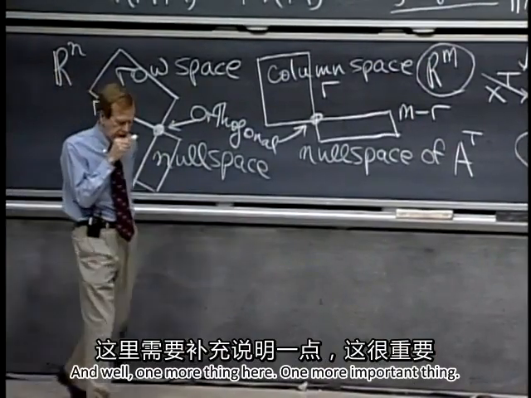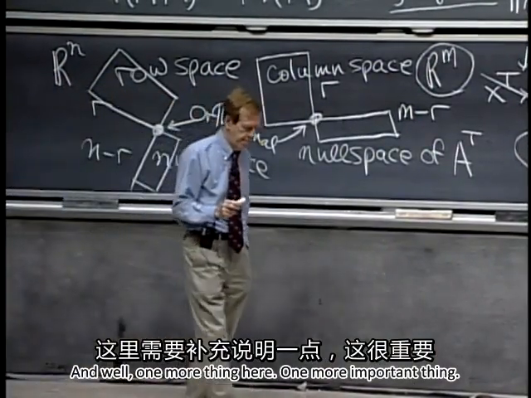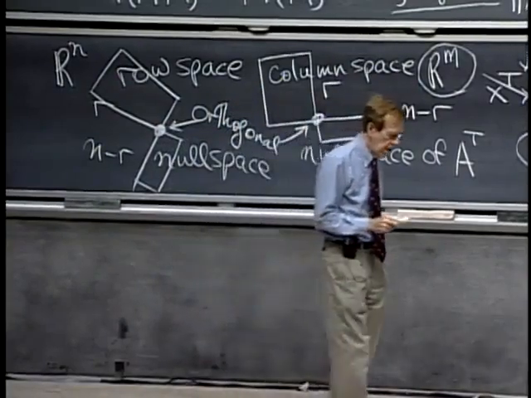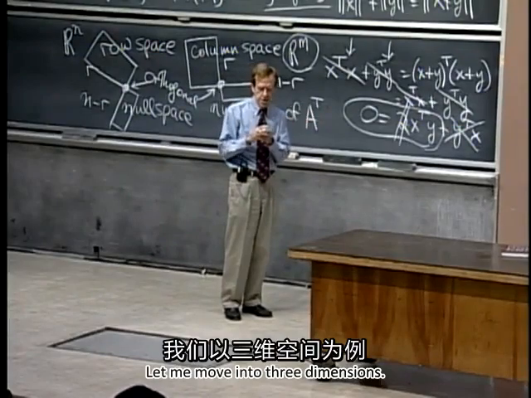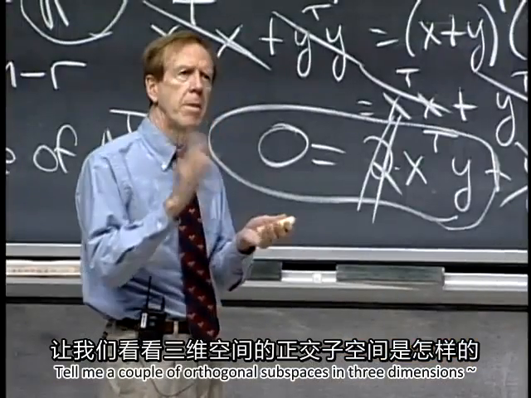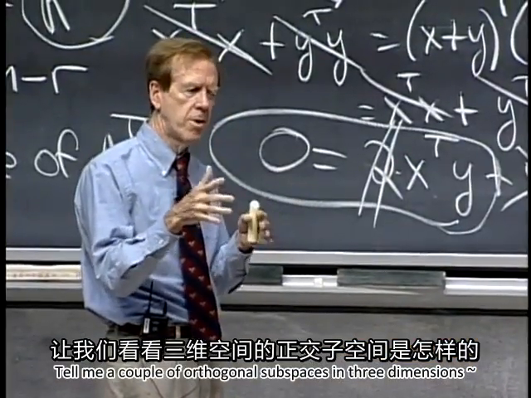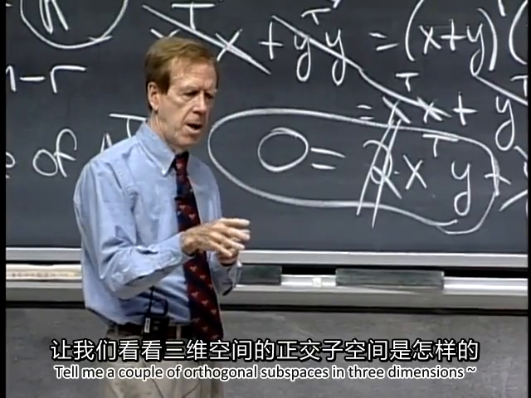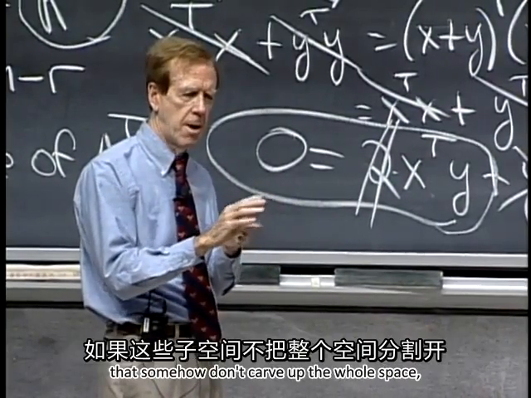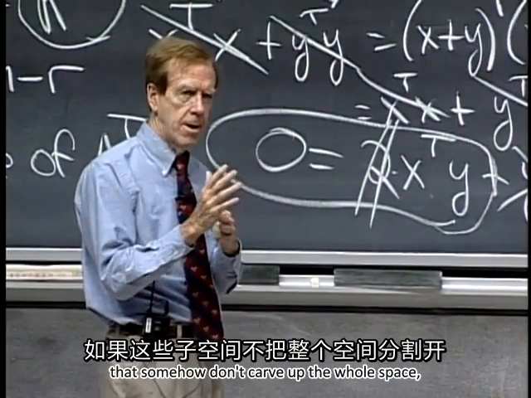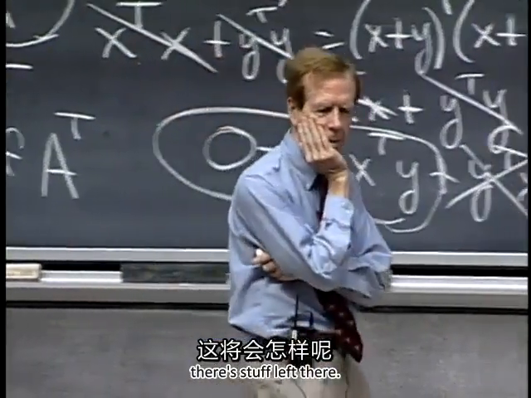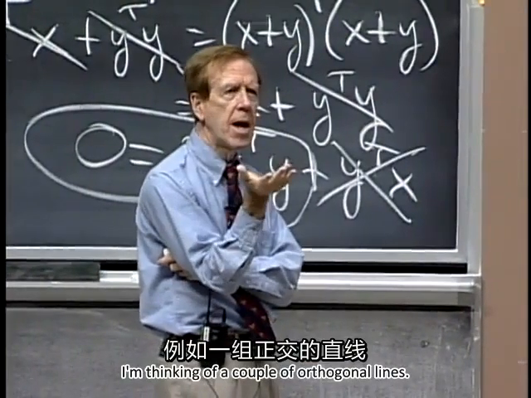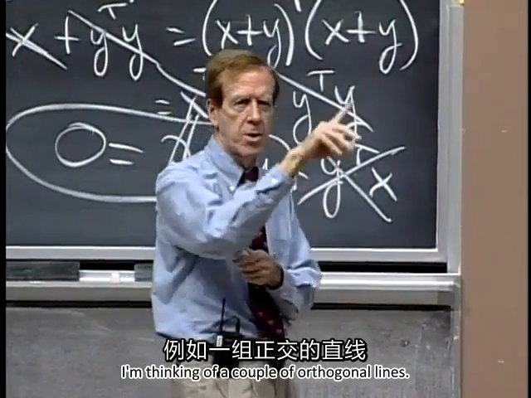And, well, one more thing here. One more important thing. Let me move into 3 dimensions. Tell me a couple of orthogonal subspaces in 3 dimensions that somehow don't carve up the whole space. There's stuff left there. I'm thinking of a couple of orthogonal lines.